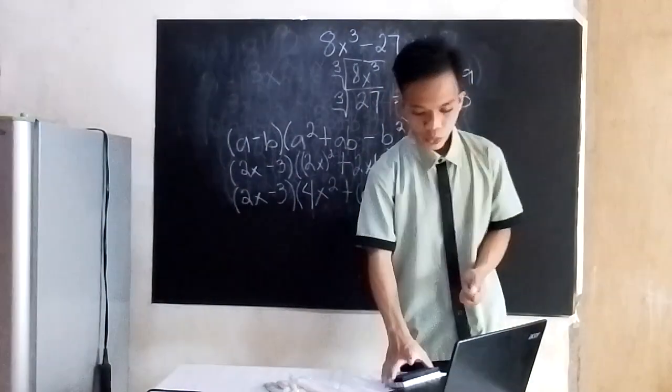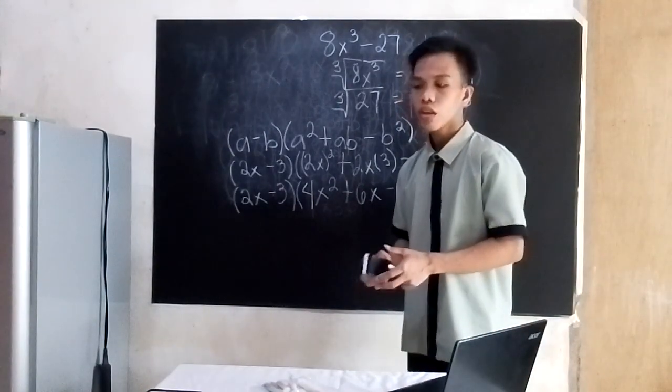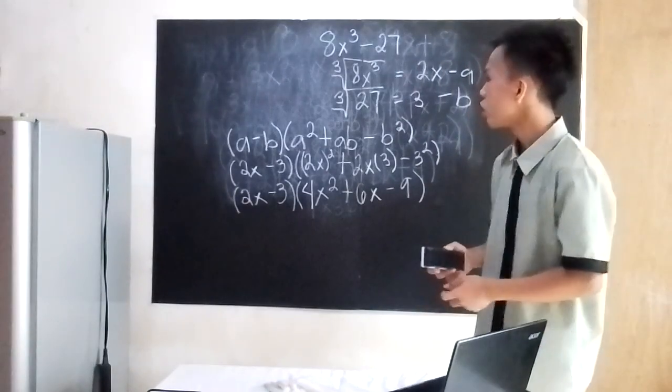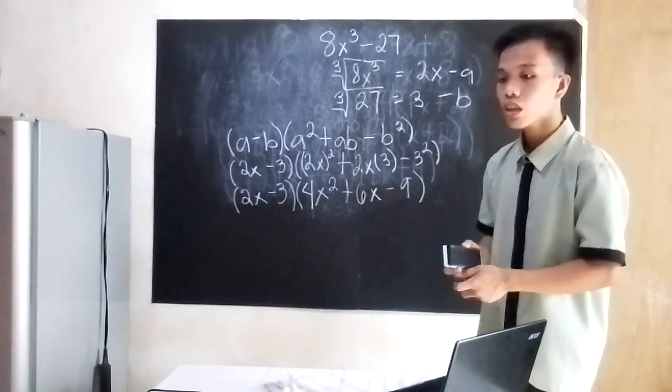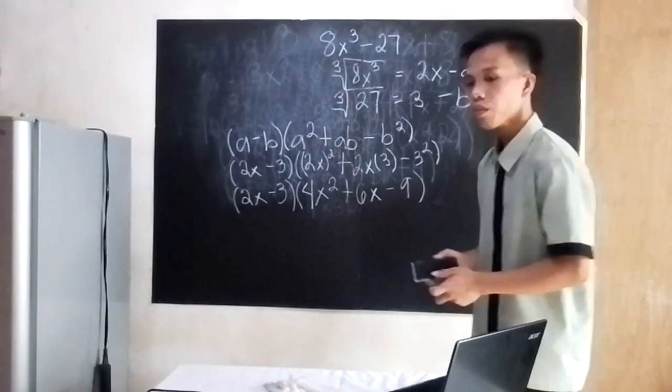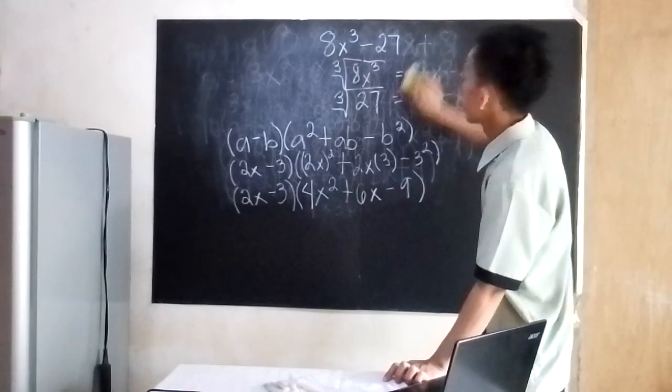So, are you clear with sum and difference of two cubes? Do you have any question about that? Shall we move to another type of factoring? Okay, let's move to another type of factoring.